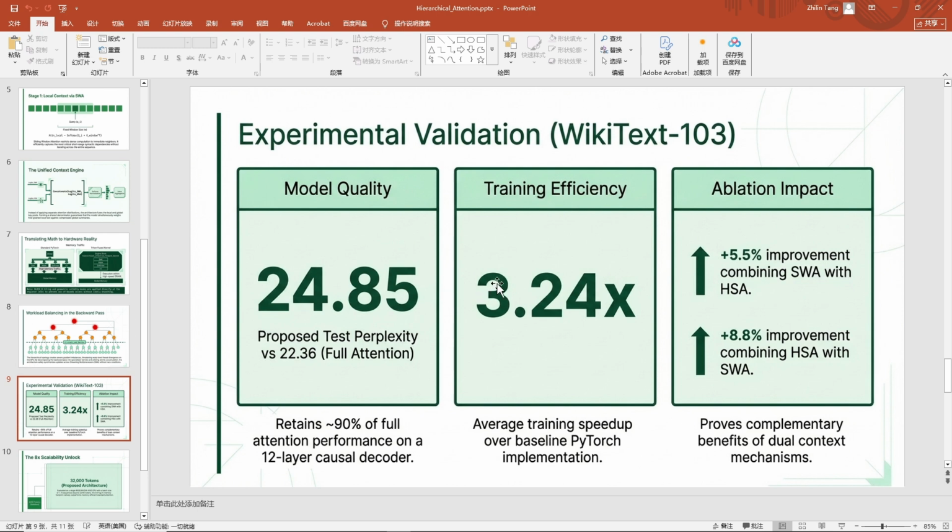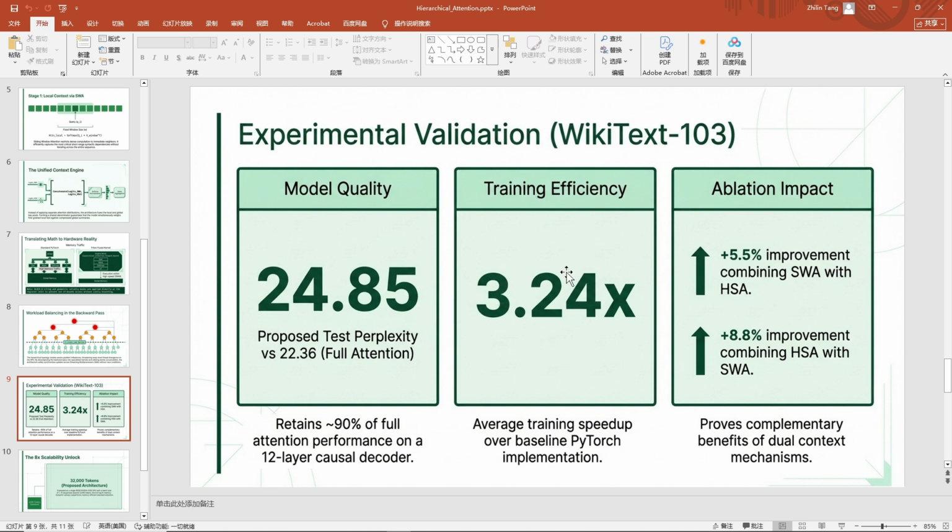We also do some ablation tests, but it's not presented here. The combined hierarchical attention plus sliding window attention on WikiText-103: the training perplexity is dropping from 61 to 56, the validation perplexity dropping from 74 to 70, and the test perplexity dropping from 27 to 24.